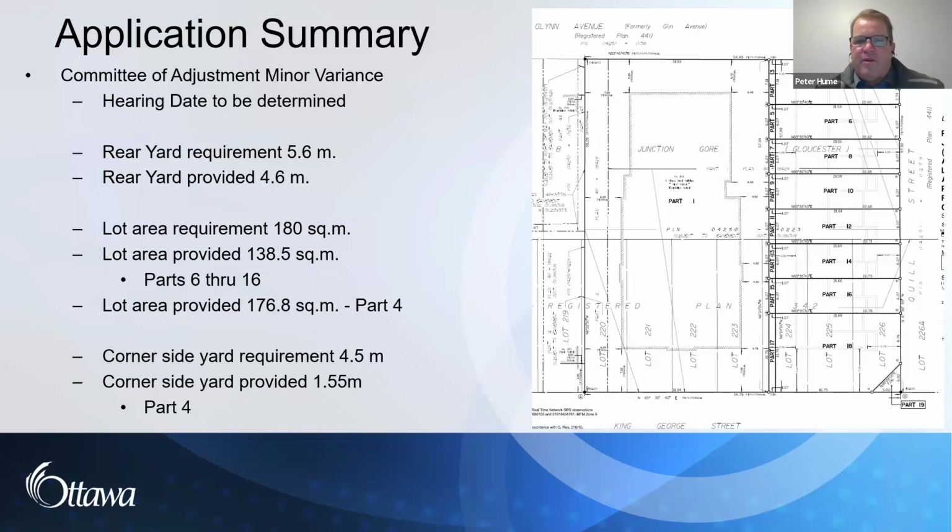And the last variance we think we need is going to be the corner side yard provision at the north end of the property. As we moved the buildings to create that sight line from Quill and King George, the corner there, it resulted in a smaller side yard.